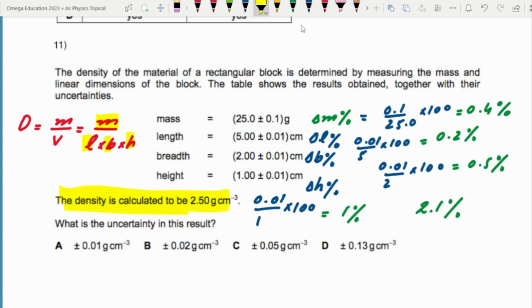What is the principal value of density? It's given in the question, 2.50, and you can find 2.1% of this like this, and then you can hit it on the calculator. We get 0.05. So for this one, question number 11, we get C as the right answer.